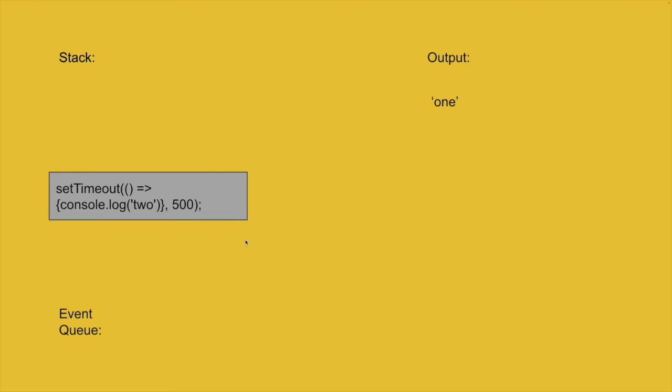This means that we have to place this in the event queue for further processing. So we add the callback function onto the event queue, which starts a timer of 500 milliseconds. And then we pop our set timeout off the stack.